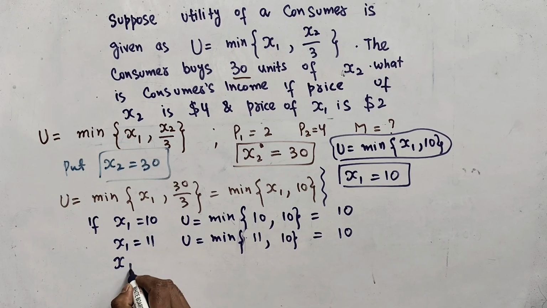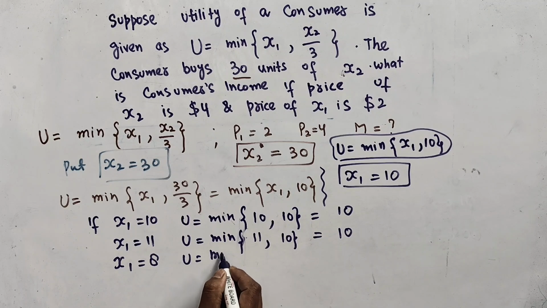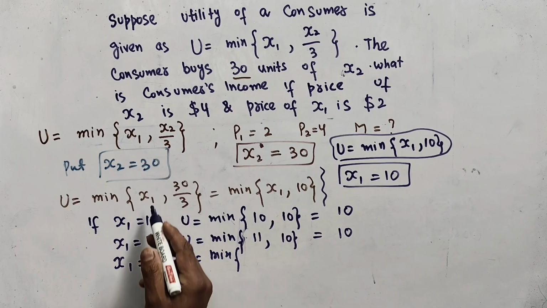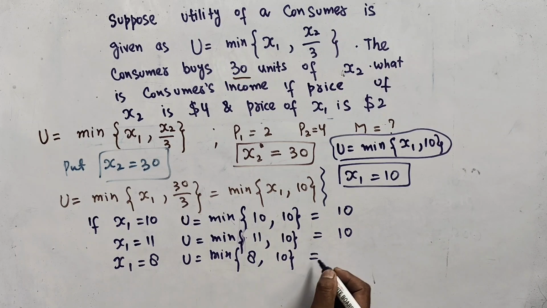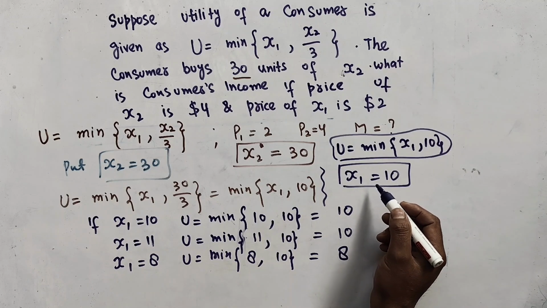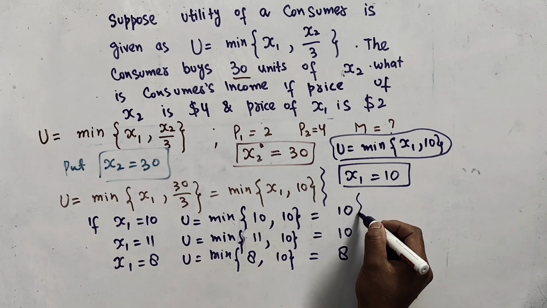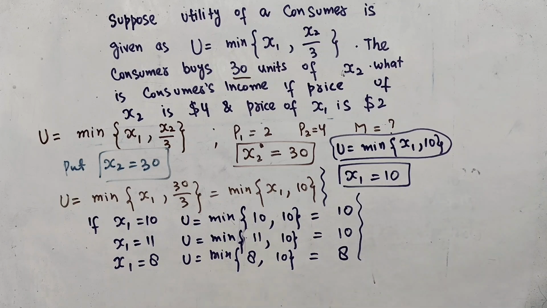If we decrease x1 to 8, utility will be equal to minimum of 8 and 10, and the lesser of the two is 8, so the consumer's utility will decrease. So he will increase his utility only if he consumes x1 equal to 10 or greater than 10. But at optimum he will choose 10 units of good x1.